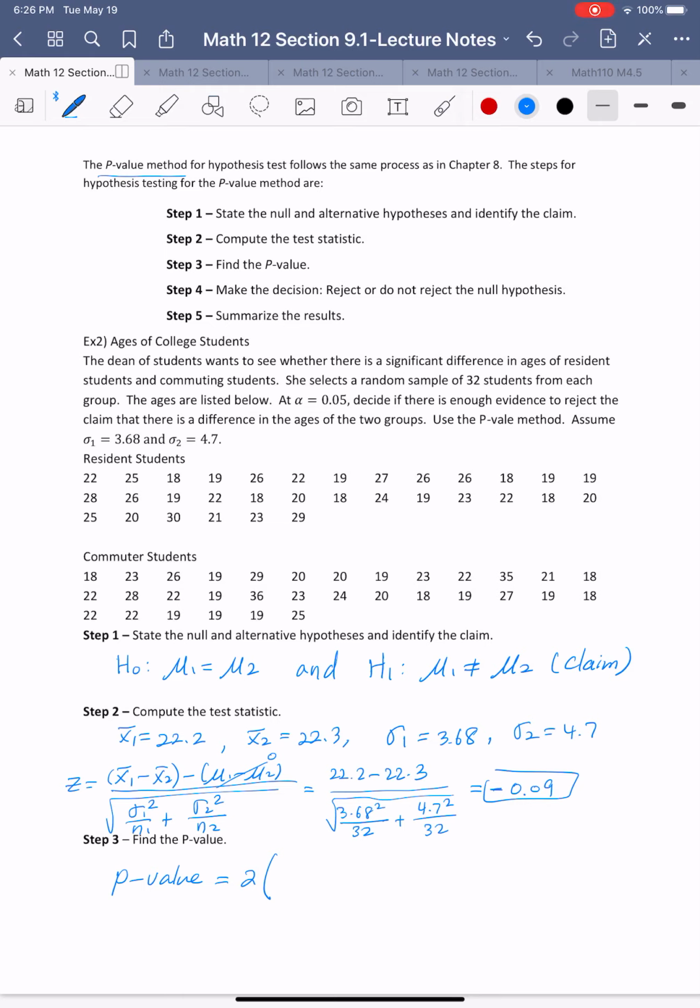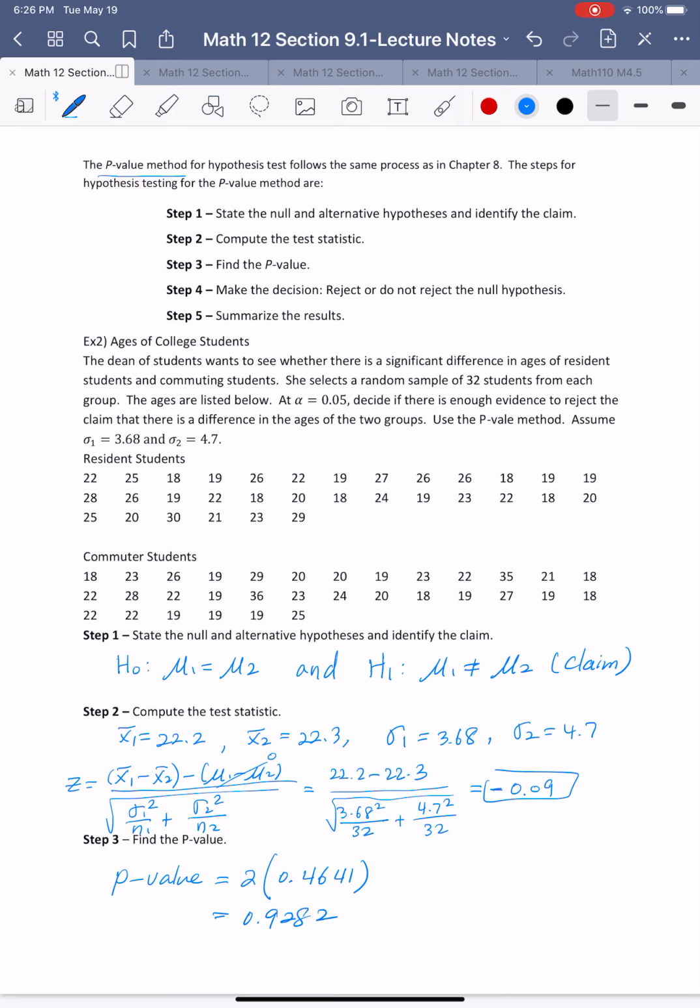And so it's going to be twice 0.4641. When you compute this, twice 0.4641, I got 0.9282.